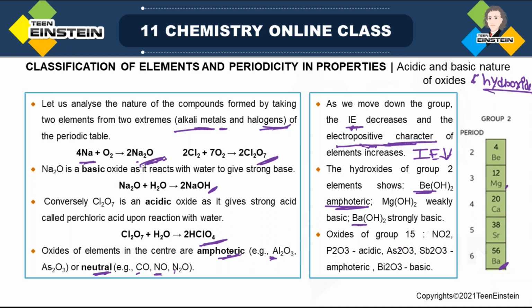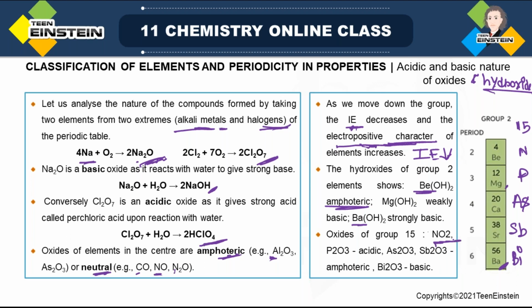Similarly, if you go to group 15, the first one is nitrogen, phosphorus, arsenic, antimony, bismuth. So the first element, its oxide NO2, and the second element, phosphorus, its oxide. These two are mostly non-metallic, and that is why their oxides are acidic.